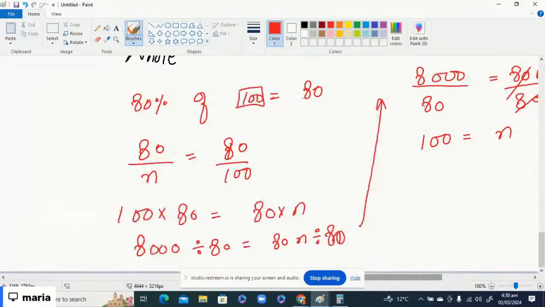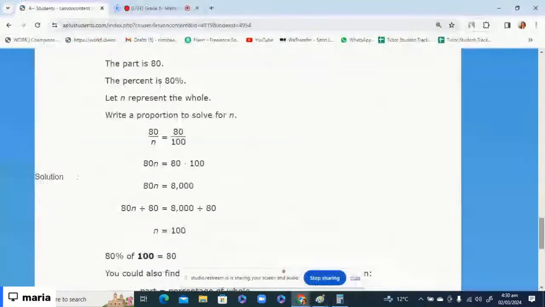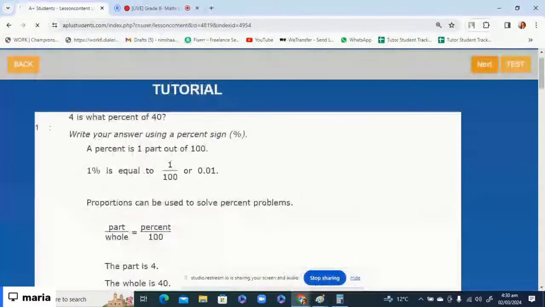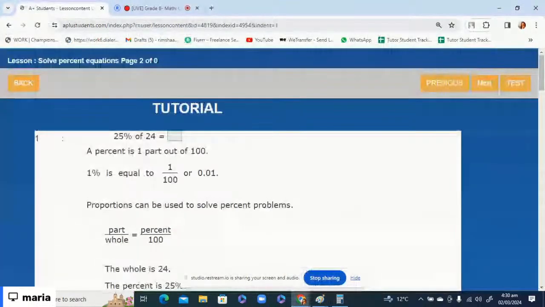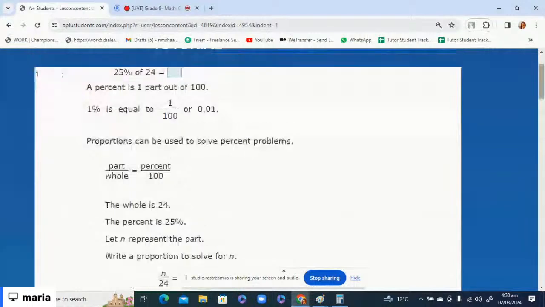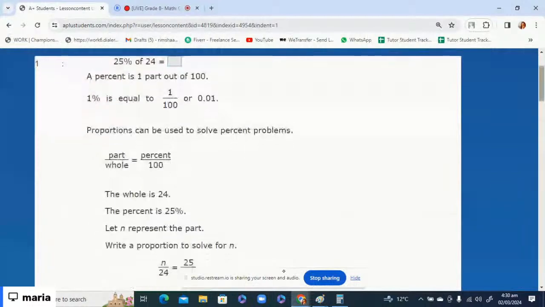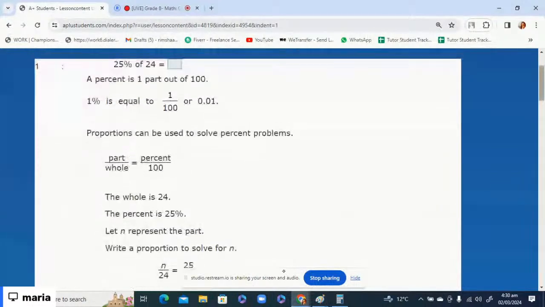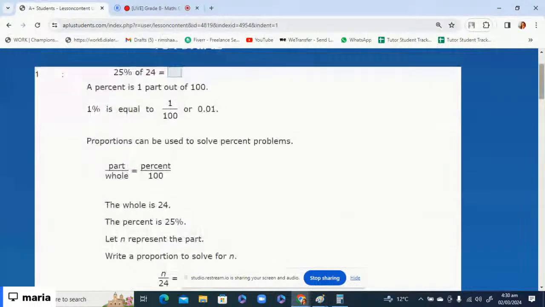Okay, hope you guys understand this one. Let's do one more question for that, then you are more able to clear. 25% of 24, what is the answer? It's just simple. 25% of 24. Now here whole is given, percent is given.